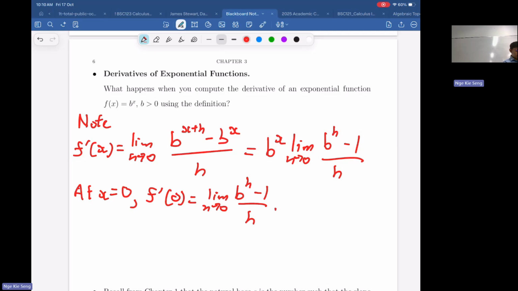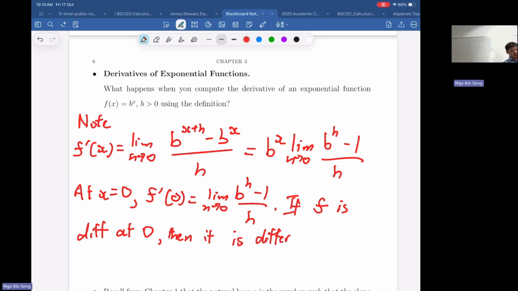So the point here is if f is differentiable at 0, meaning the limit exists, then it is differentiable everywhere. It's very convenient. We just need to decide whether it is differentiable at 0 or not.